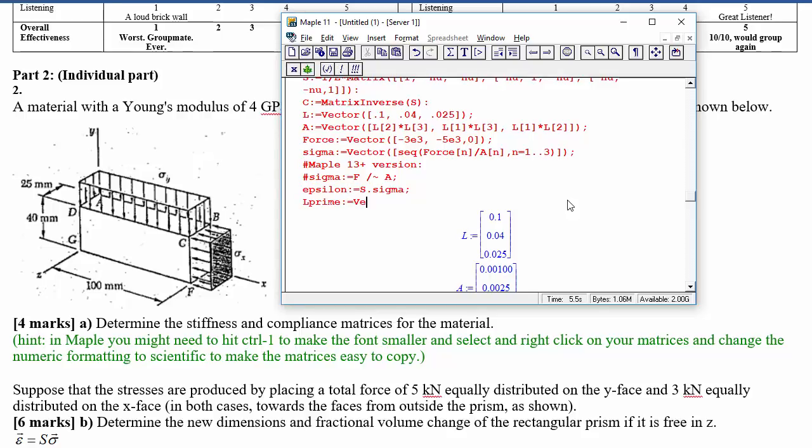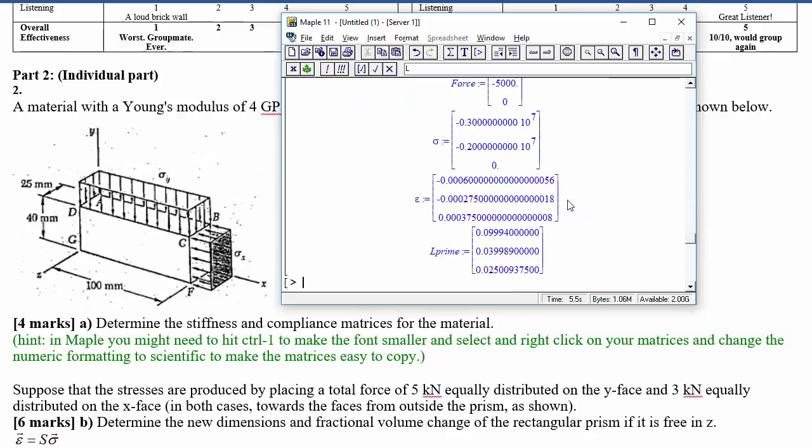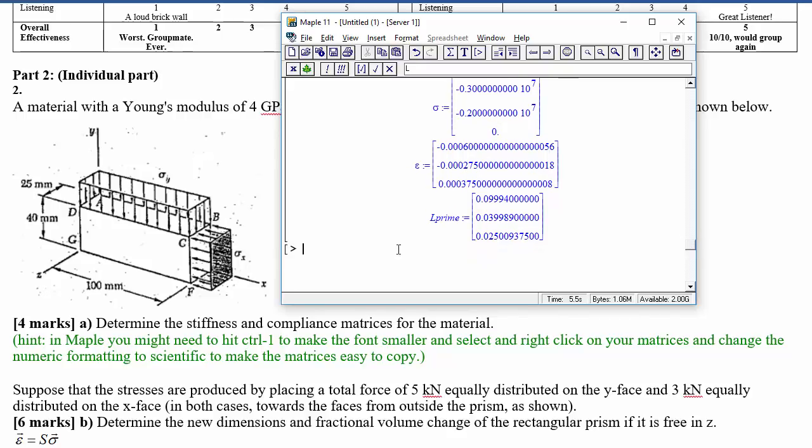So that would be vector of sequence. Now each length is multiplied by 1 plus the strain in that dimension. And this should be the L prime vector. Okay, so we've got that.